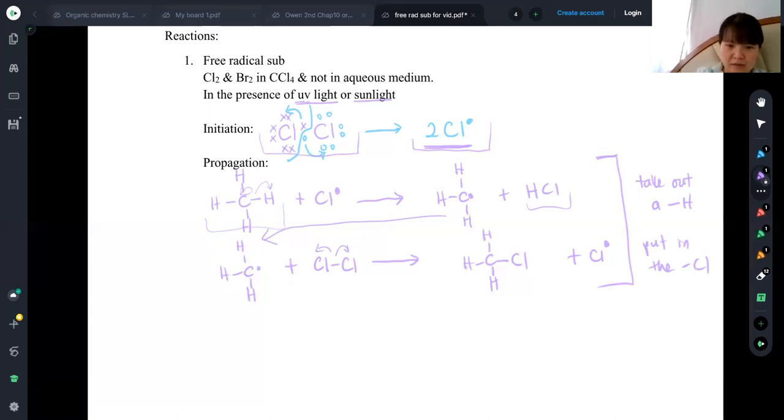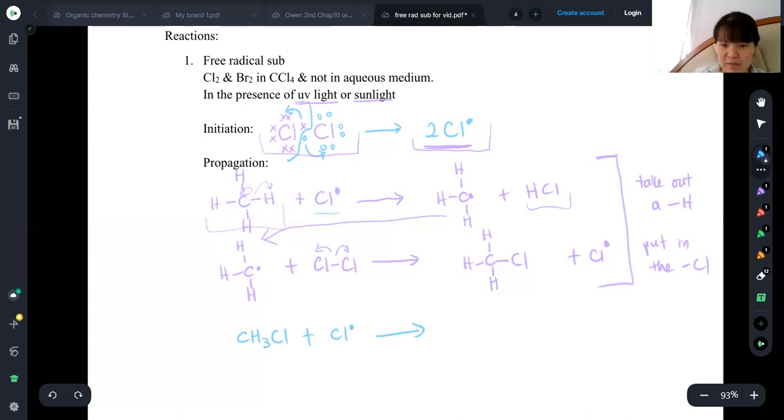So take that CH3Cl. So this time I'm not going to display it. I'm going to do the same thing. I'm going to take a Cl dot to take out a H. So when I take out a H, I'm going to get the HCl liberated. And so the other one will become a radical. 1 H is gone. So CH2Cl is still there, not disturbed.